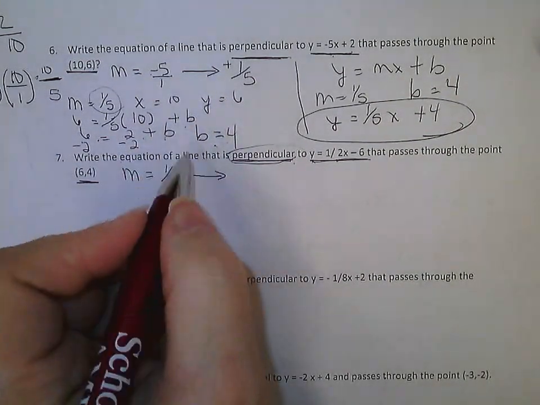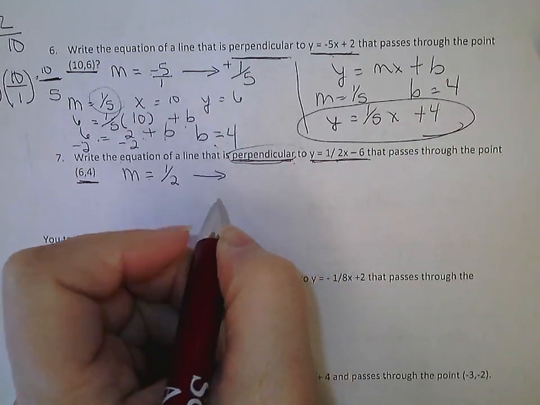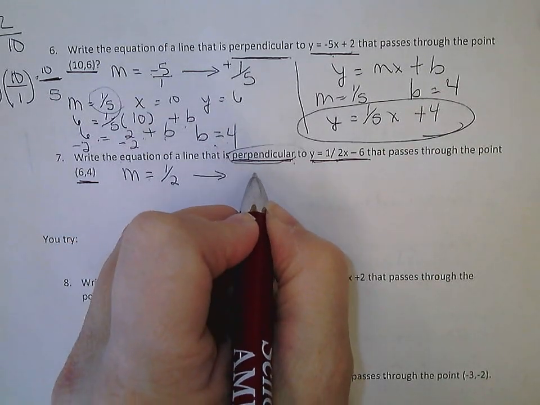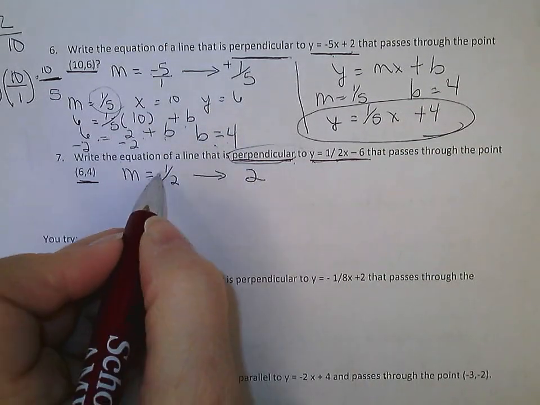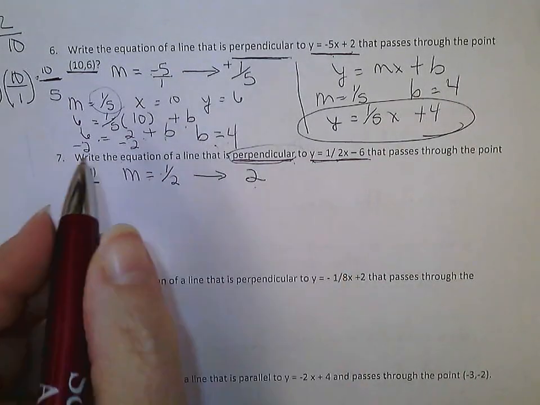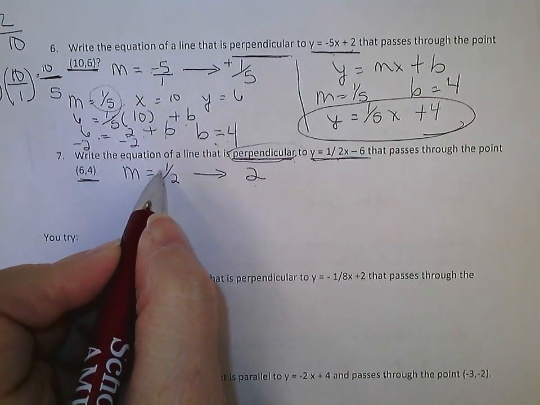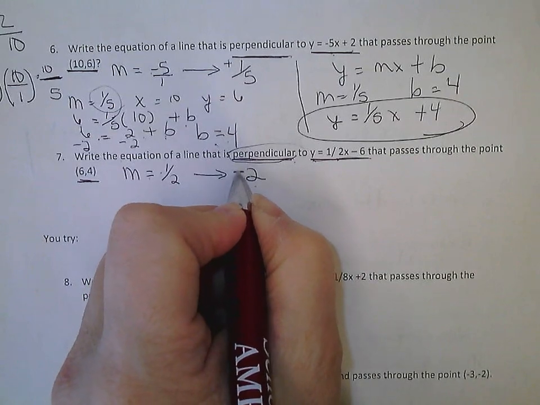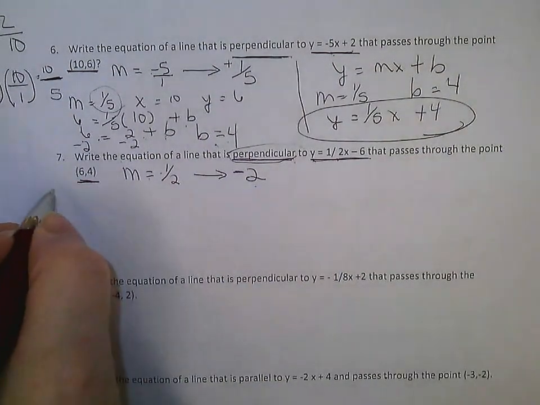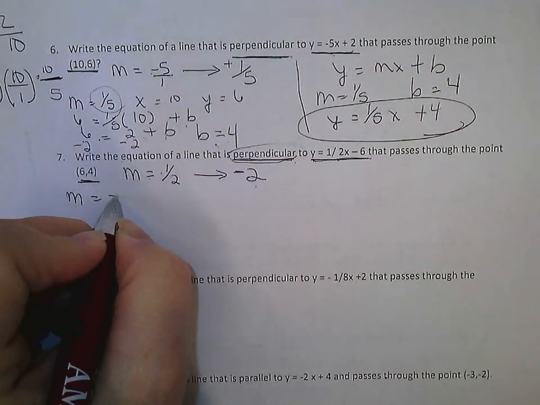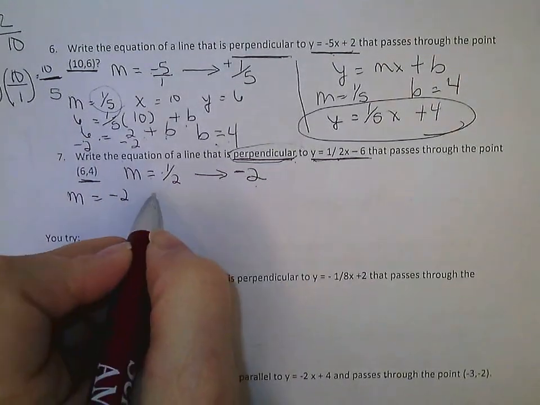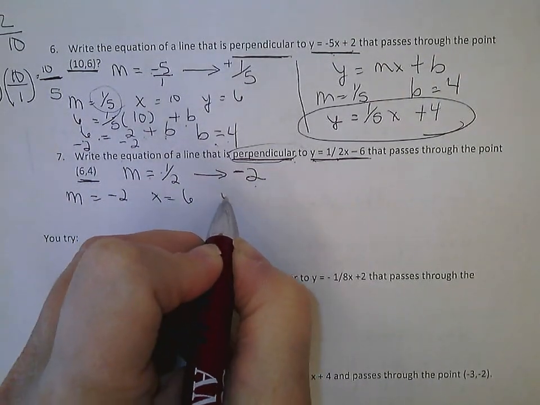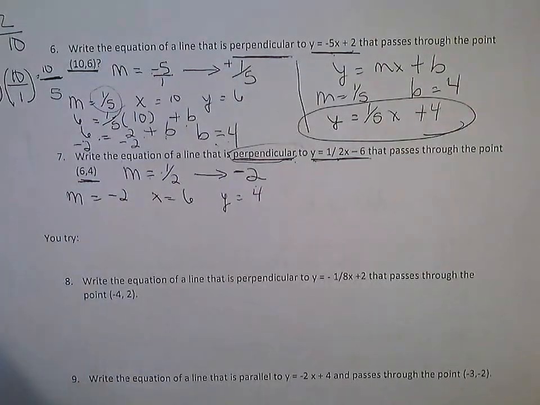We need to flip it, which is also called the reciprocal. We turn it over: 2 over 1, which is 2. This is a positive. Now this one becomes negative, and that's our new slope. So m equals -2, x equals 6, and y equals 4.